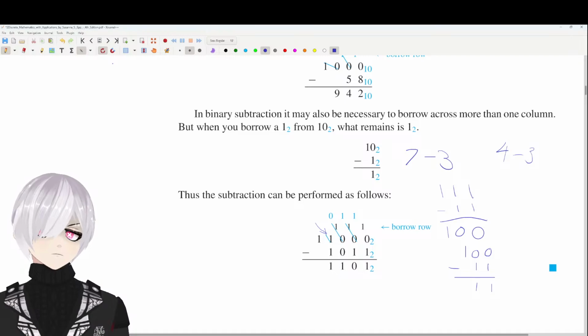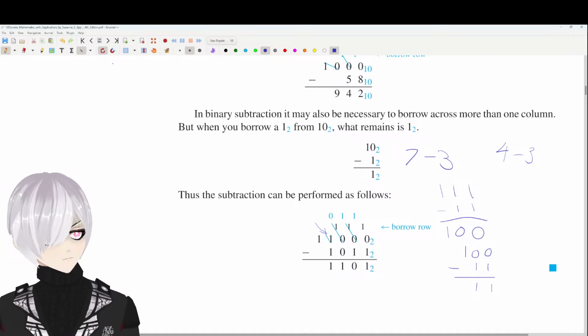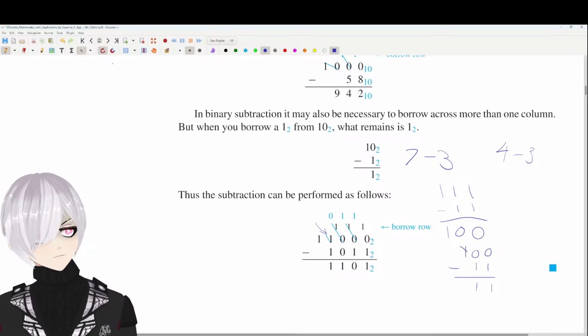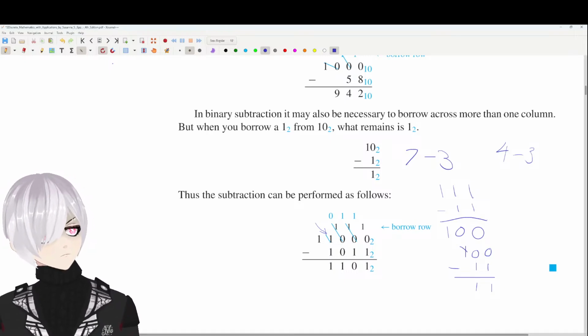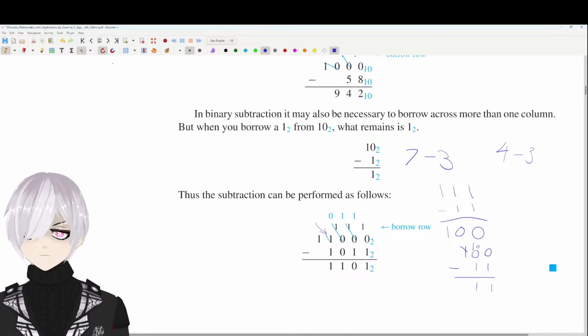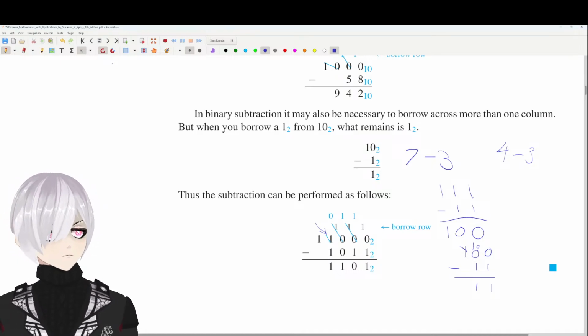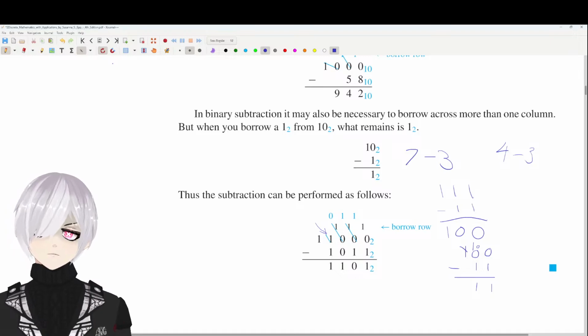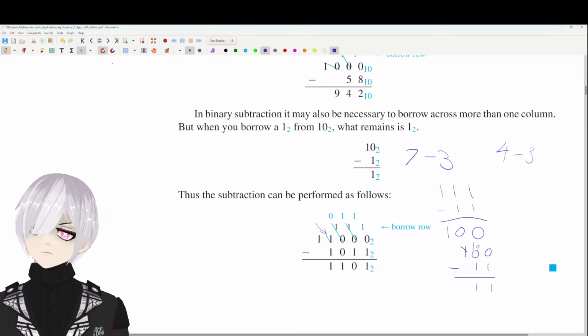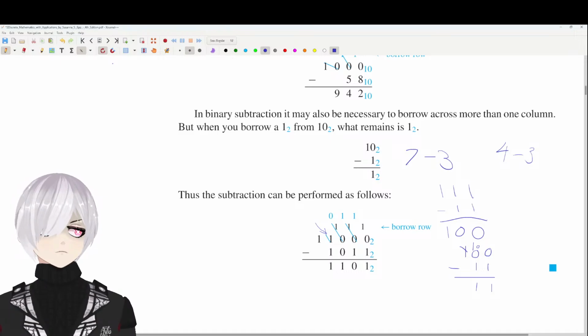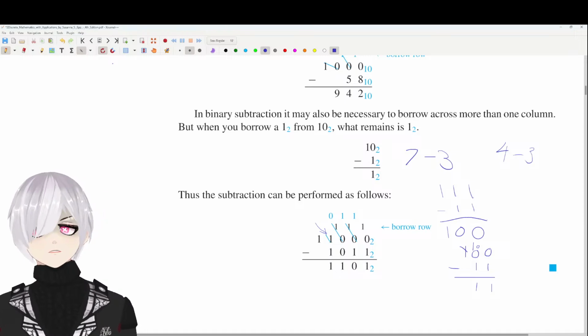We can cross out the 1 in the 1 0 0 and put a 10 in the middle. So that 1 just becomes a 0, and the middle column now has a 10. But the rightmost 0 also needs to borrow, so it's going to borrow from the 10 that's now next to it, and that 10 is going to turn into a 1.